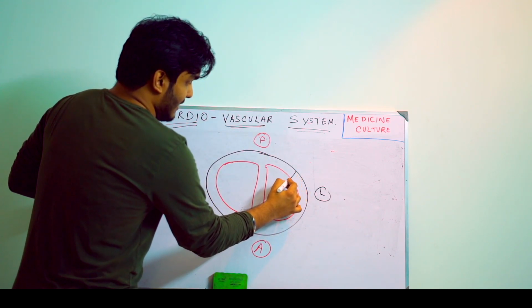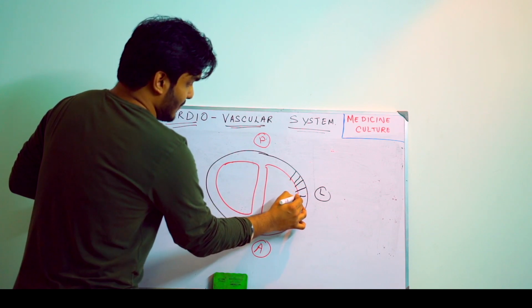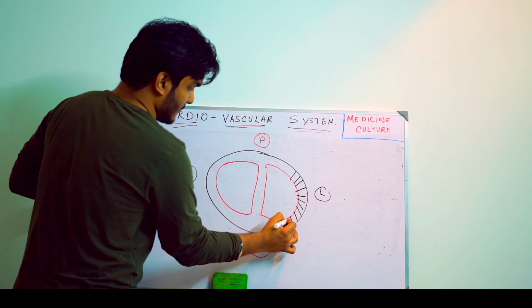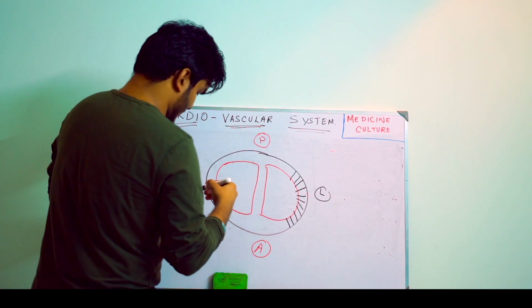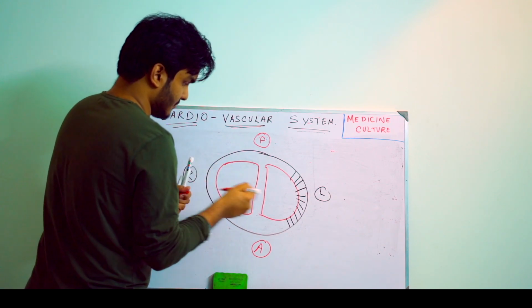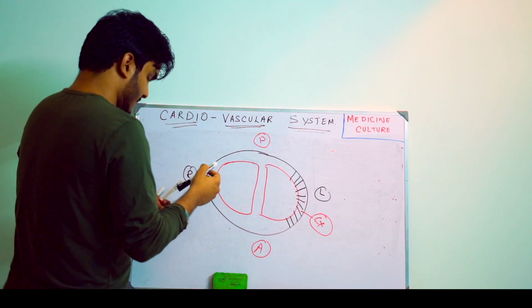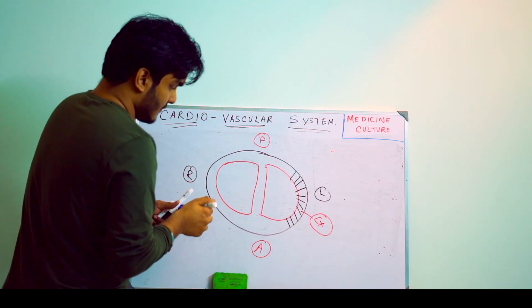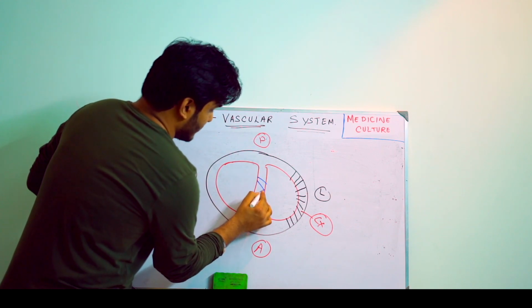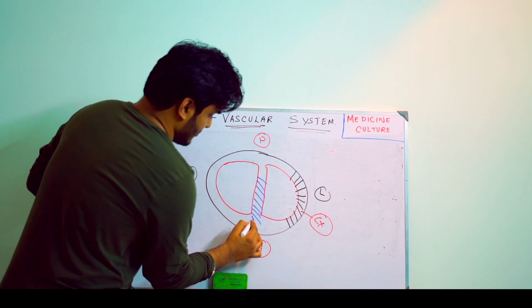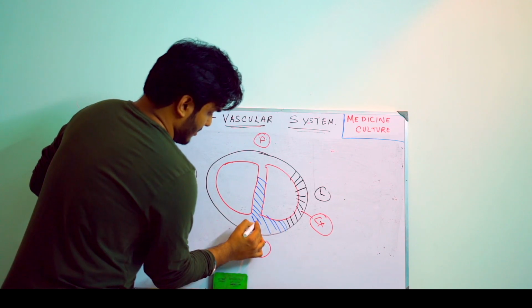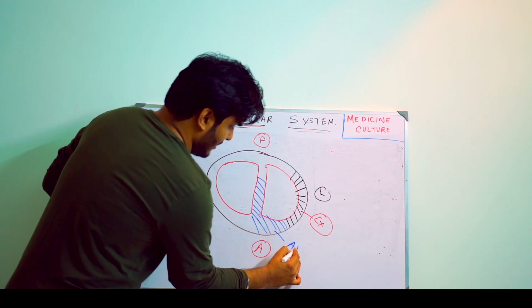So, I said the left circumflex artery will supply the lateral wall. You see here? Yes. This is supplied by the left circumflex artery. Now, the anterior 2/3 is supplied by AIVA.